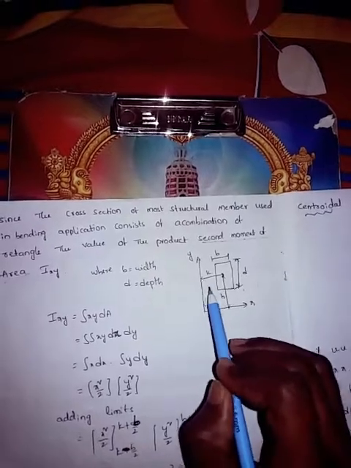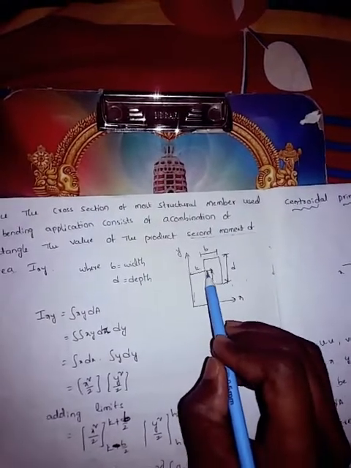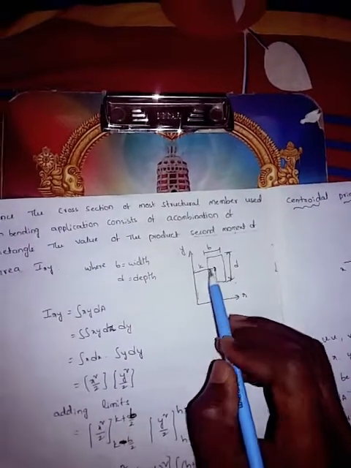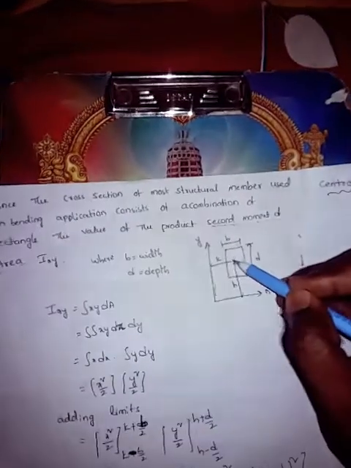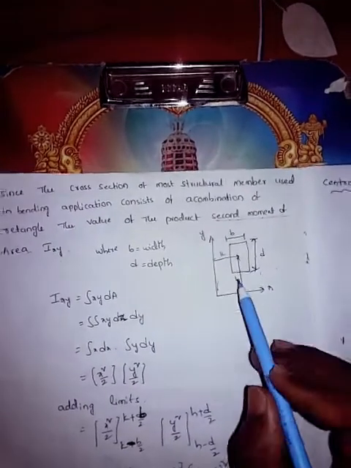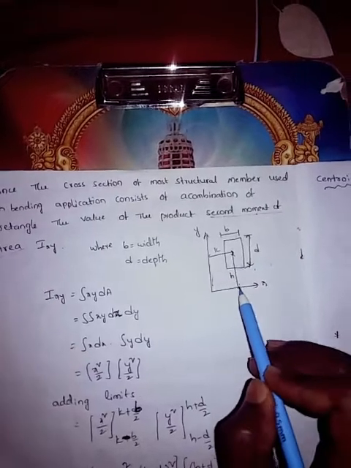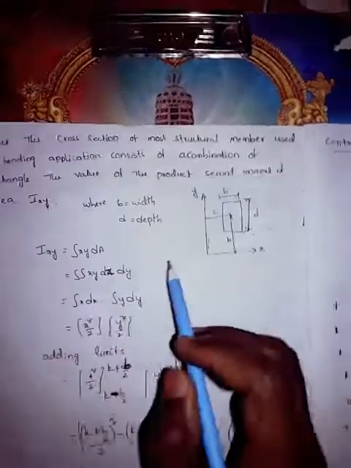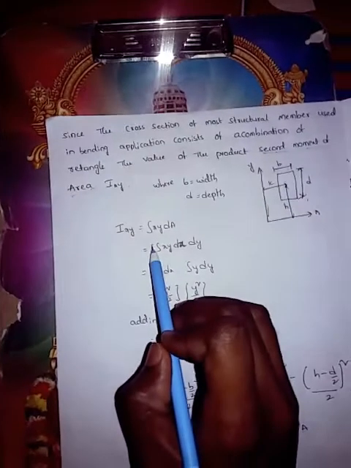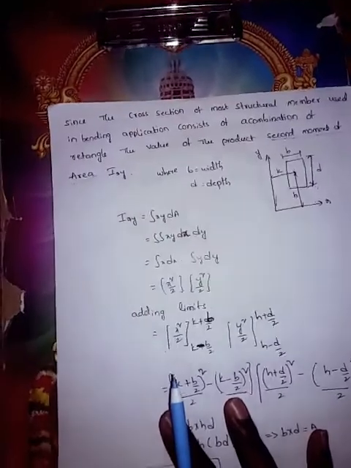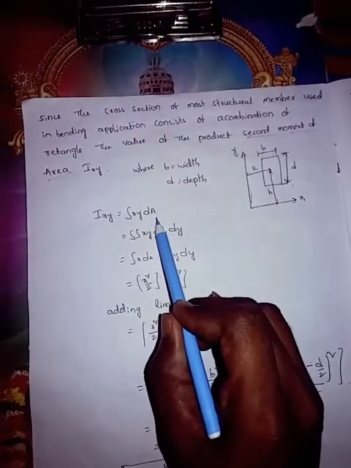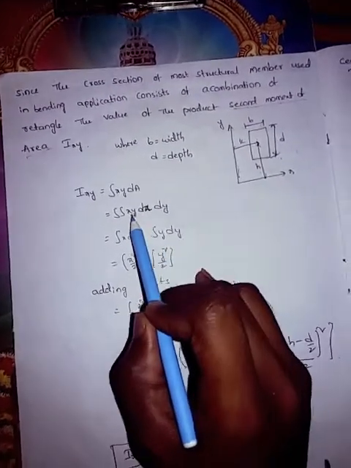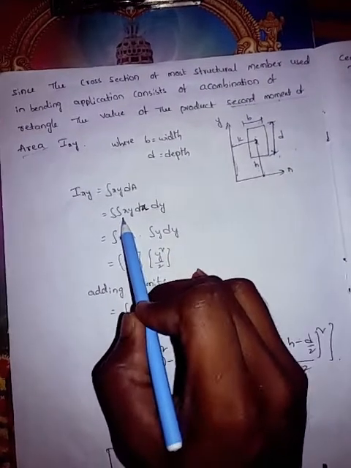The y expression is a certain distance from the center point, assume it is k. The distance from the center to the vertical, consisting of the x factor, is h. Therefore Ixy is equal to the integral of xy dA. We already know this term from the centroid value. We apply a double integration.